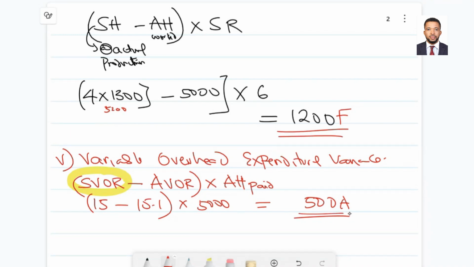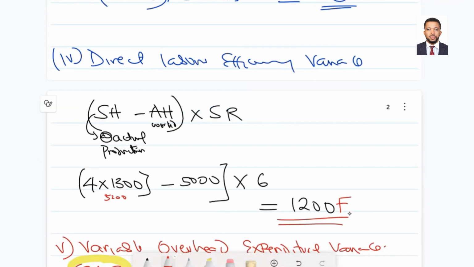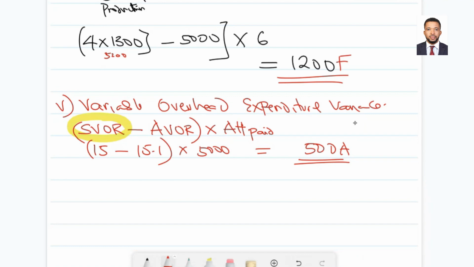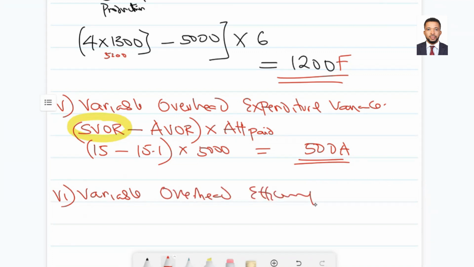What's the next? Variable overhead efficiency variance. Efficiency, remember, is like usage.